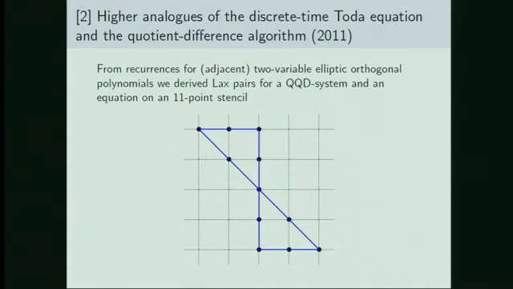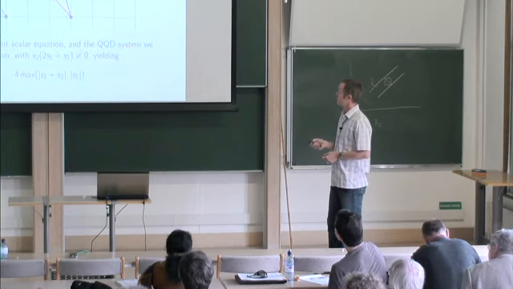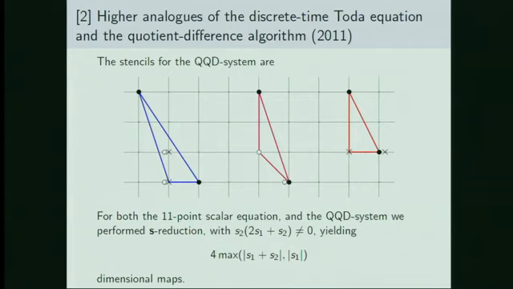And also related to that was a quotient difference system, and that was a system defined on these stencils. So there's 3 fields, 3 equations, and the different fields are denoted here with different symbols. So one field has the bullet and the circle and the cross, and you can use these stencils to create initial value problems and Gauss problems, and that was done in this paper.